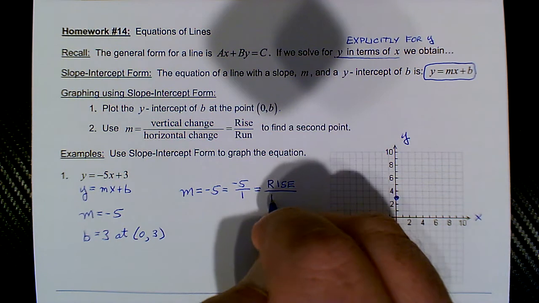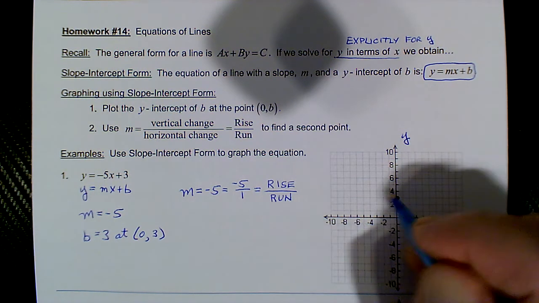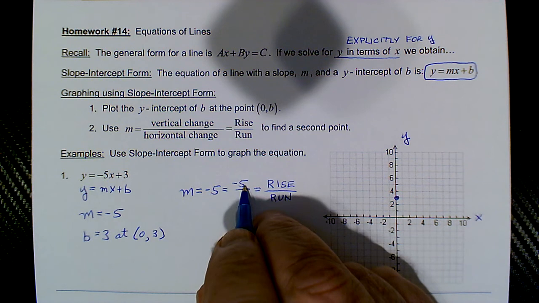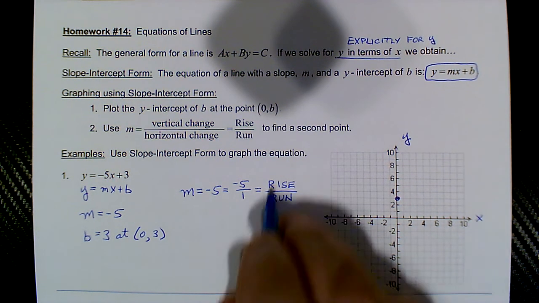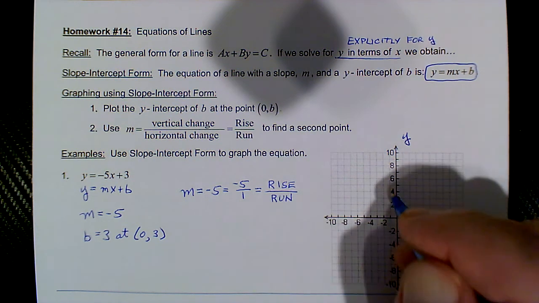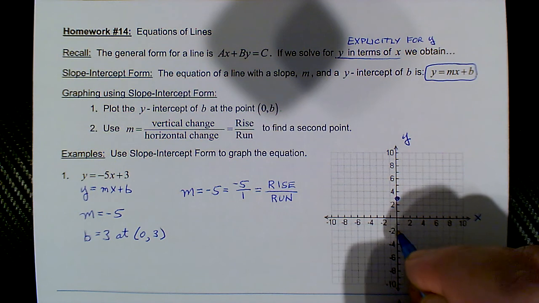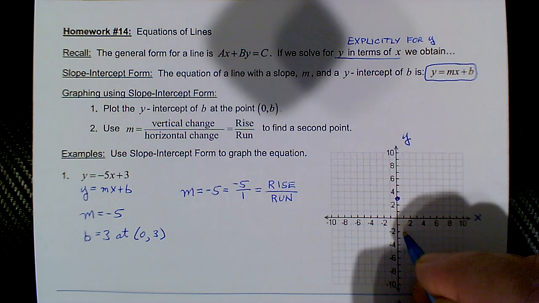So to get a second point, which is all we need, we're going to rise -5, so that actually means move down 5. Because the rise means your vertical change. If it's positive, you move up. Negative, you move down. So that means we move down 5. 1, 2, 3, 4, 5. And then we run 1. And positive means to the right. Run is horizontal. And that would be our second point.